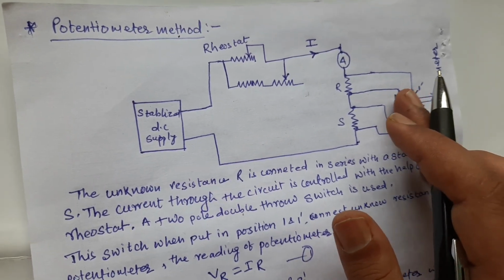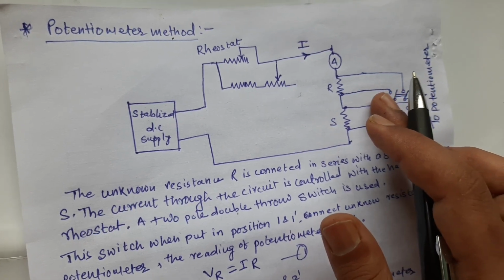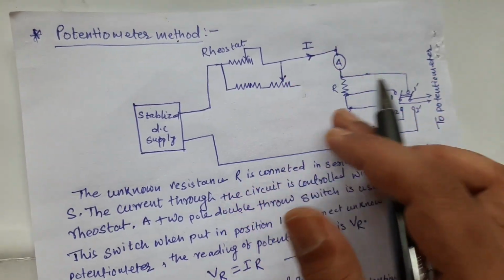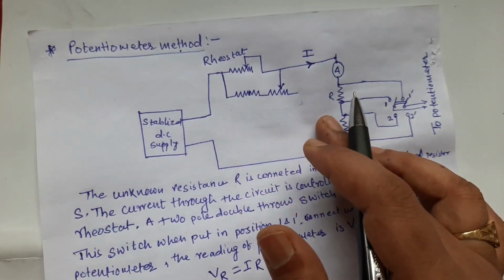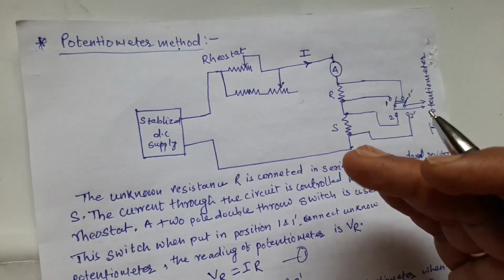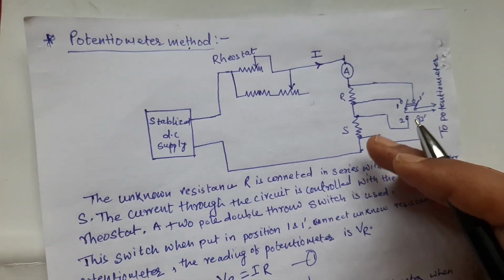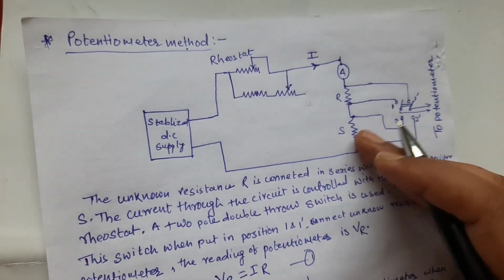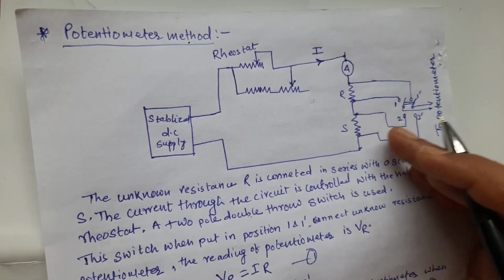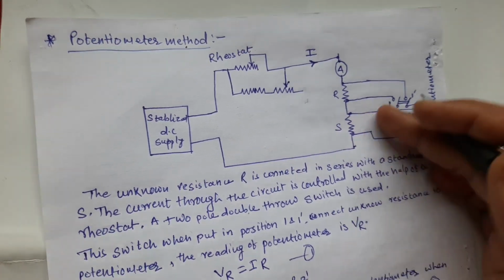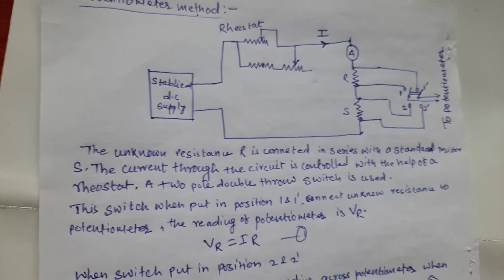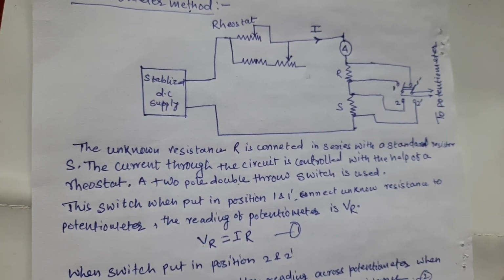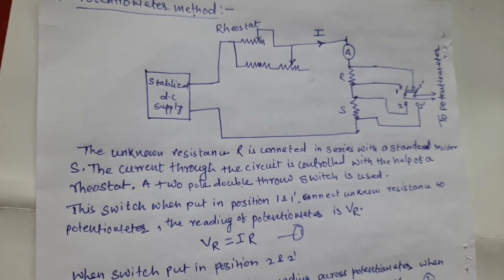If you connect the switch from position 1 to 1 dash, then the potentiometer measures the voltage drop across resistance R, and if the two-pole switch connects to point 2 and 2 dash, then the potentiometer measures the voltage across the standard resistance. So the unknown resistance R is connected in series with the standard resistance. The current through the circuit is controlled with the help of the rheostat.